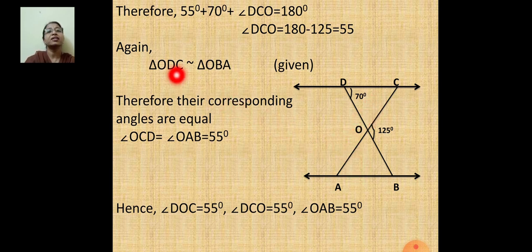See, C corresponds to A. Therefore, angle OCD is equal to angle OAB. But OCD we have calculated as 55. Therefore, OAB is also 55 degrees. And once again, you write the measures of all three angles which we have calculated.